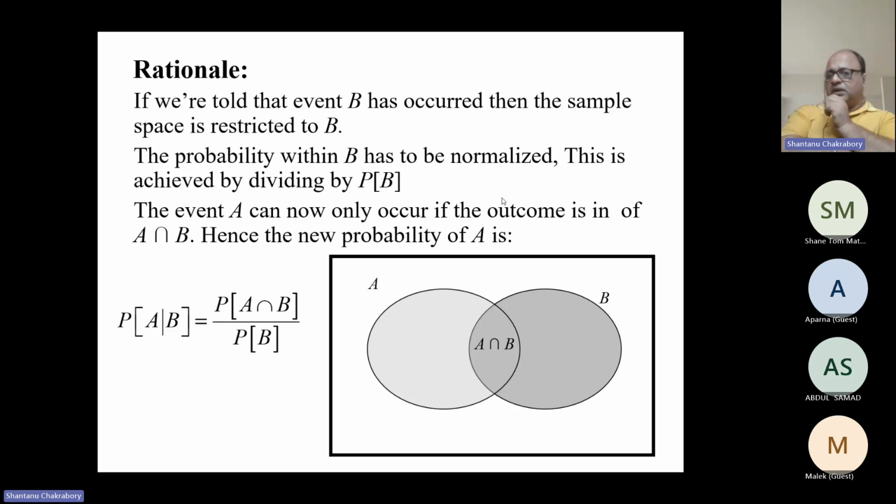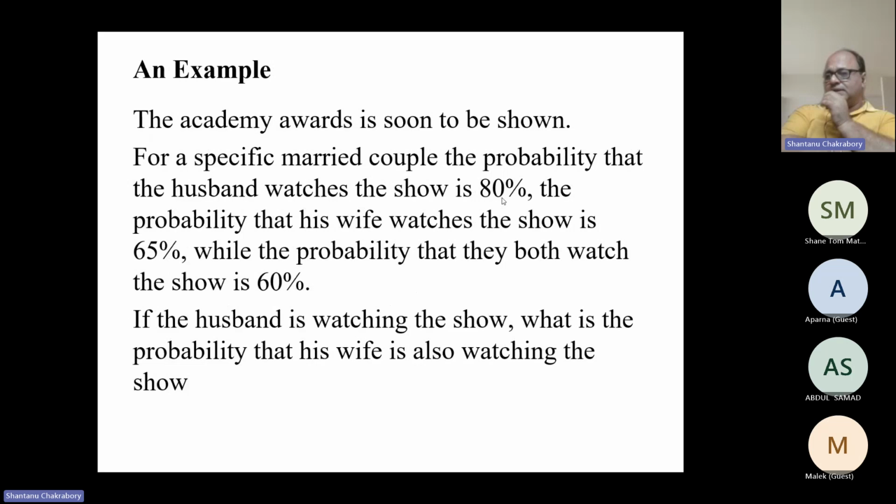If you are told that event B has occurred and the sample space is restricted to the event, then the probability within the event B has to be normalized by dividing by the probability of the event B. The event A can only occur if the outcome is in the intersection of events A and B. Hence, the new probability of event A when the event B has already occurred is P(A ∩ B) divided by the probability of the event B. So this is what we take. This is one example of a conditional probability.